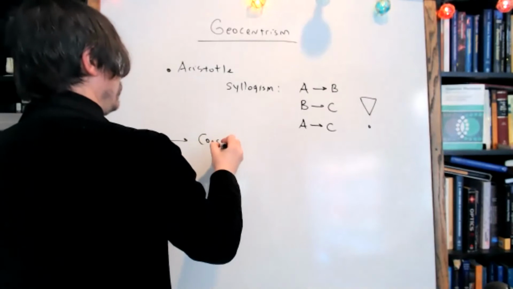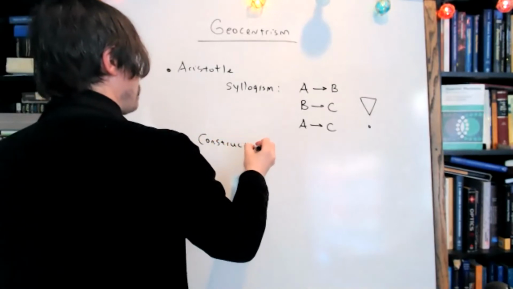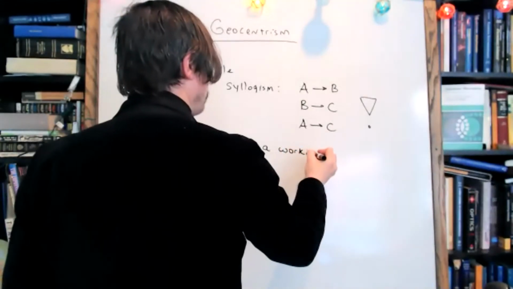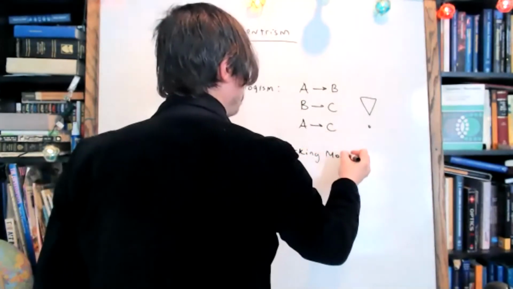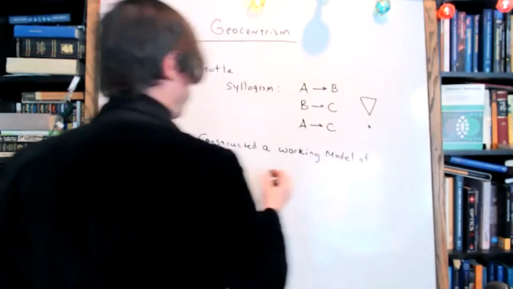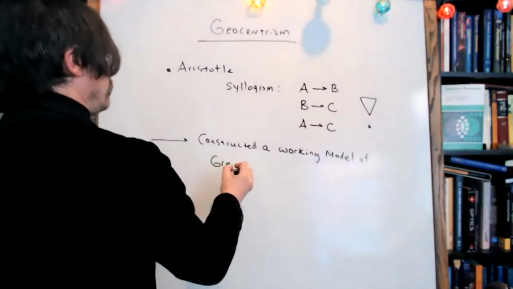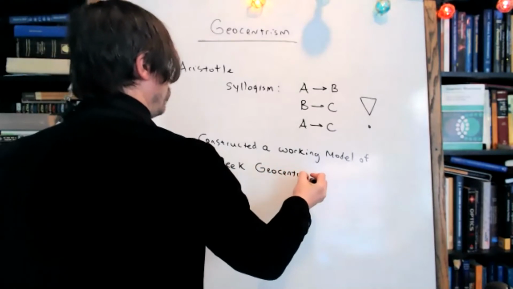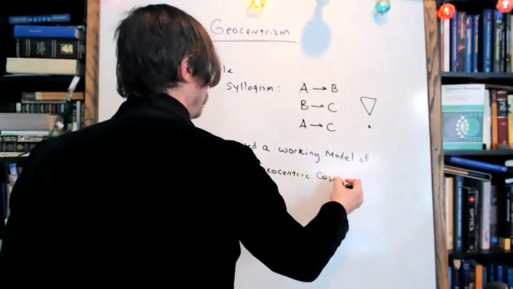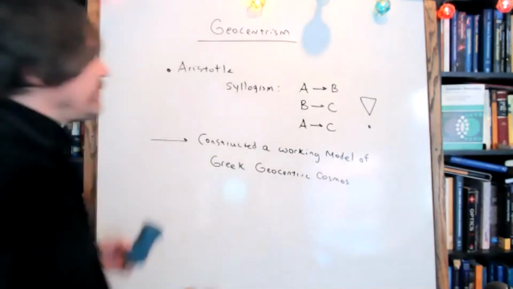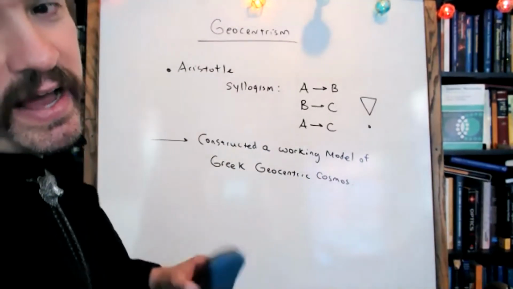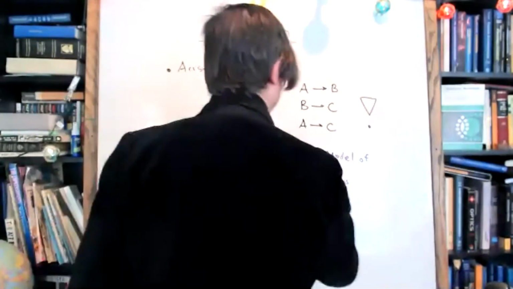He constructed a working model of the Greek geocentric cosmos. And this is something that made Aristotle way ahead of his time in terms of his contemporaries.